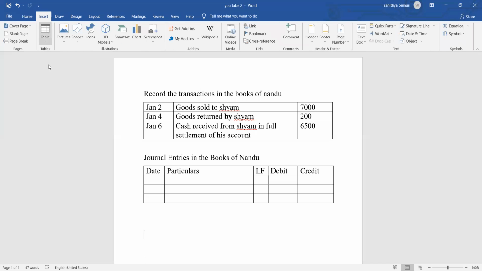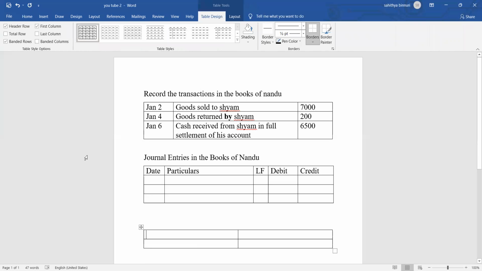When you are selling the goods to Sham, obviously Sham will be involved in the transaction and sales is involved in the transaction. Purchases, sales, purchase returns, sales returns, cash or the assets, everything usually comes under the real account.